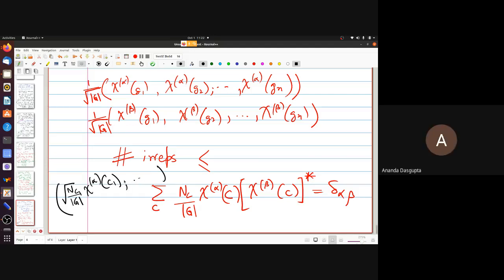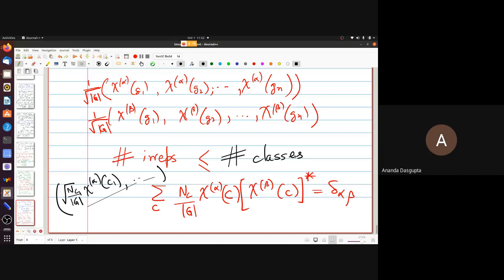So I could form a vector whose elements are essentially characters for a given class, except you weight it with this factor, square root of n_c by mod G. The number of elements in this row will not be the number of group elements, because I'm taking only one element from each class. It will just be the number of classes. So what we actually have is that the number of irreps is less than or equal to the number of classes.